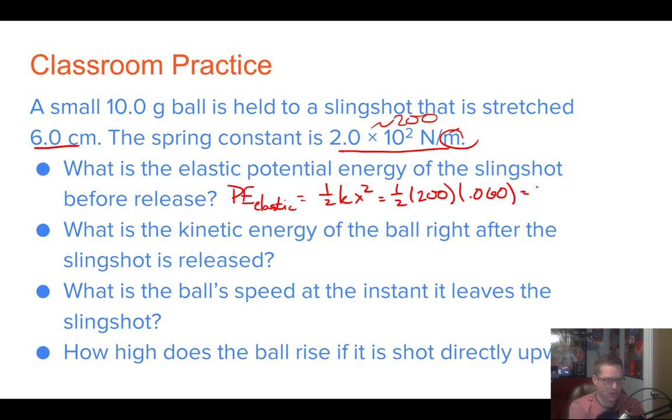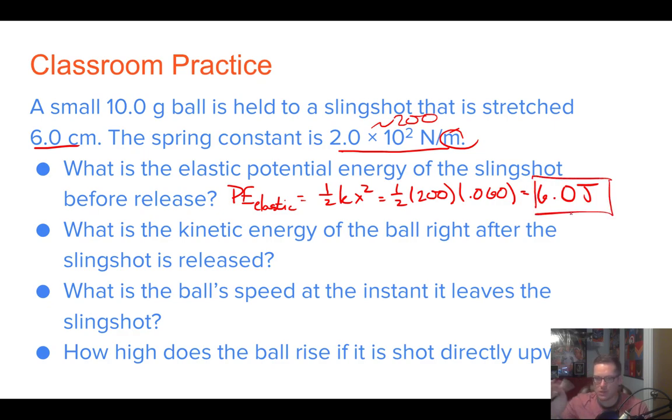We can plug all that into our calculator, so we get 200 divided by 2 times 0.060 squared, and so we get, I probably could have done that in my head. So anyway, 2 sig figs, so 6.0 joules. That's our potential energy.